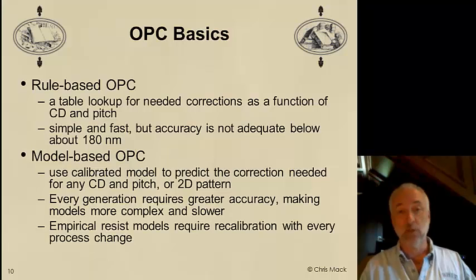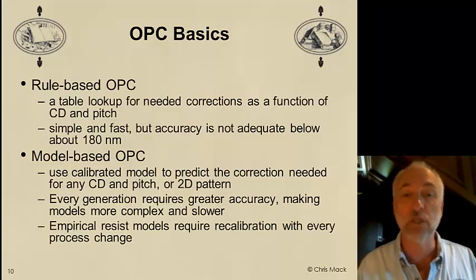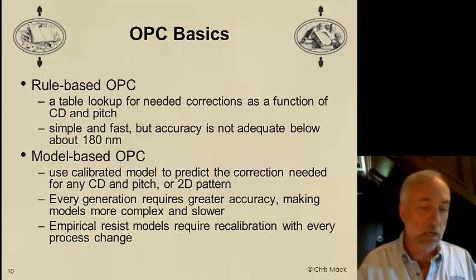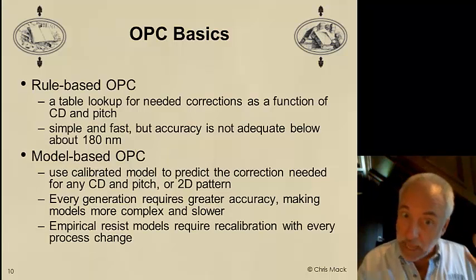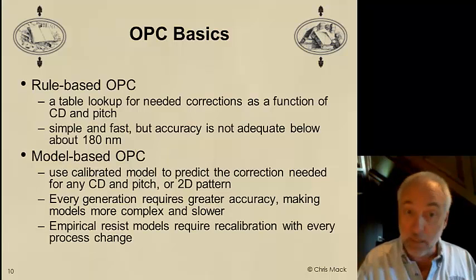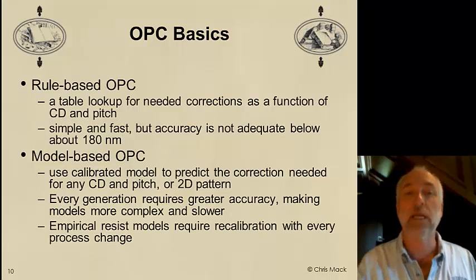In model-based OPC, we use a model that calculates what the images are going to be. We calculate the images and predict what the resist pattern will be for a given mask pattern. Then we adjust the mask pattern iteratively in the model until it can predict that we're getting the proper CD.